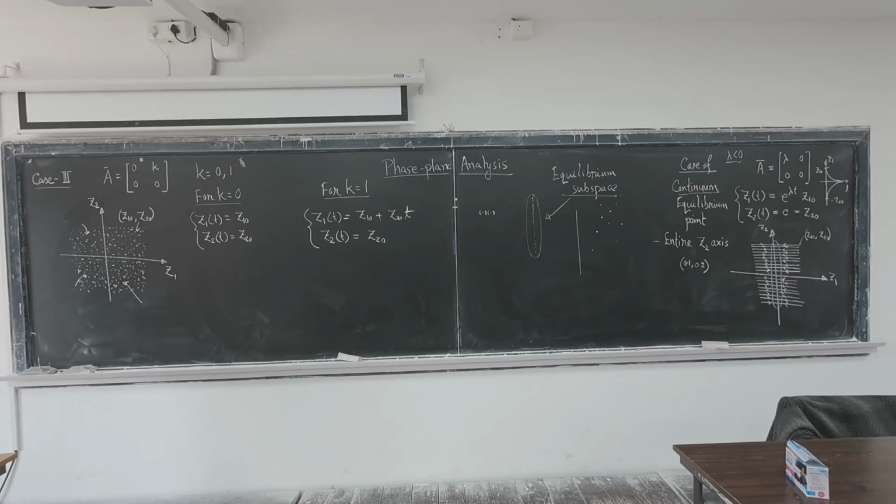Sorry, for that initial condition. So this whole space Z1 versus Z2, or in this case that whole two dimension Z1, Z2 plane, is the equilibrium subspace. Another case of continuum equilibrium point. Here also you cannot distinguish between two equilibrium points, right?